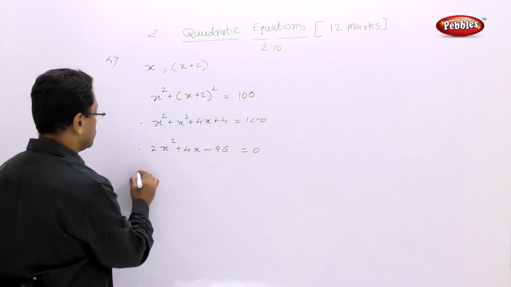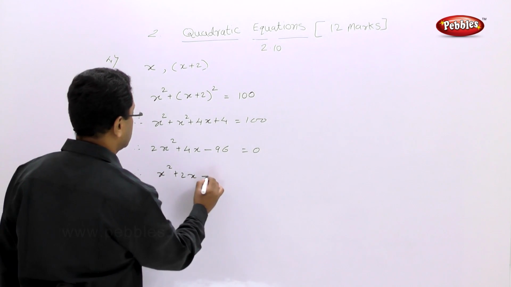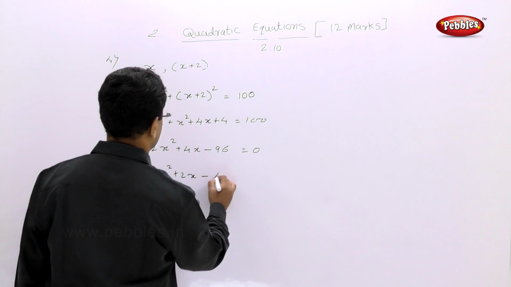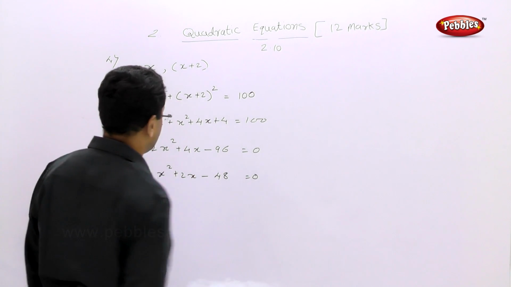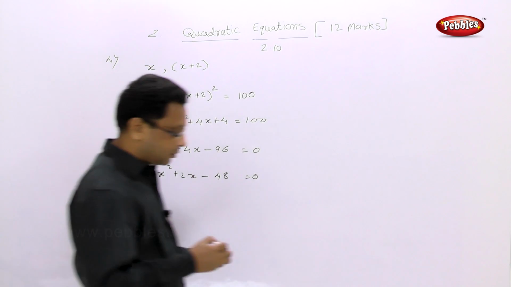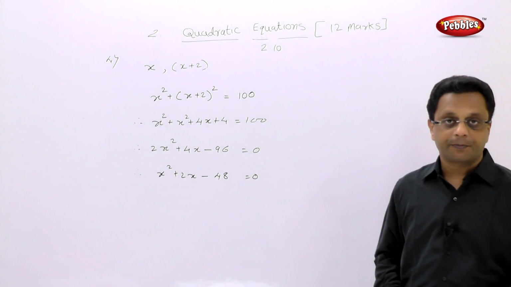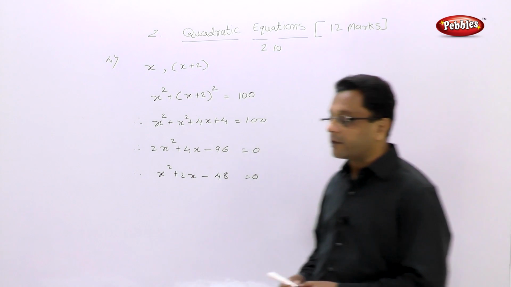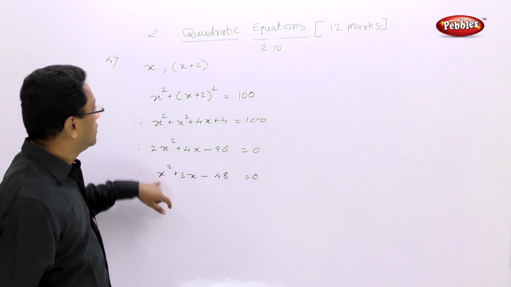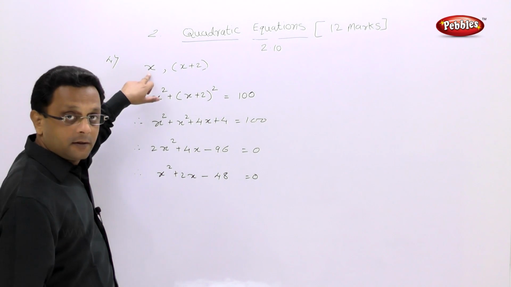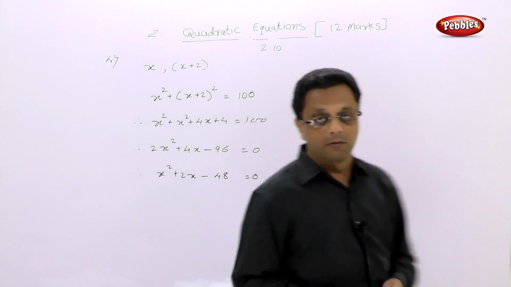Of course 2 can be eliminated, so x square plus 2x minus 48 equal to 0. Again we have got a simple quadratic equation, and you can solve this quadratic equation to get the value of x. So you will get x as a first number and x plus 2 as a second even number.